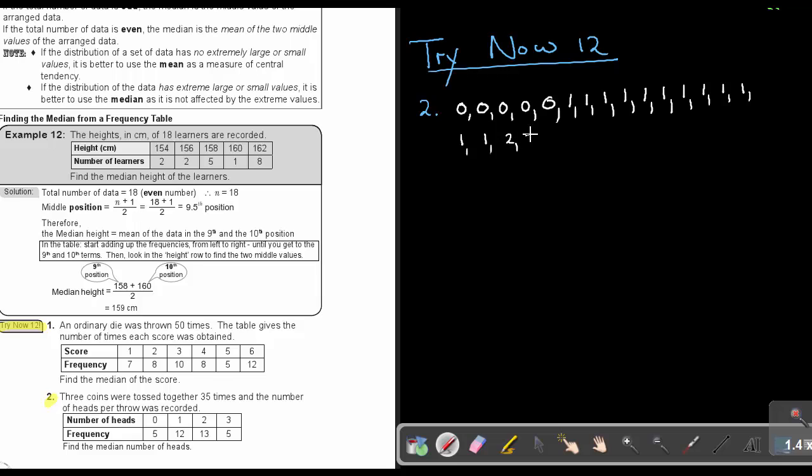So 1, 2, 3, 4, 5, 6, 7, 8, 9, 10, 11, 12, 13 times. And 3 is how many times? 5. 1, 2, 3, 4, 5. So that is actually if I was writing it out.